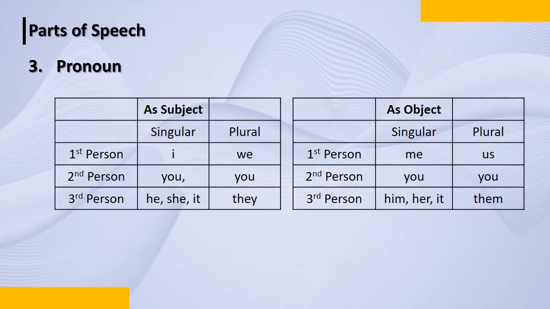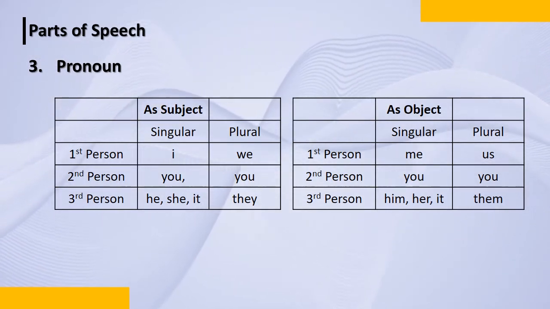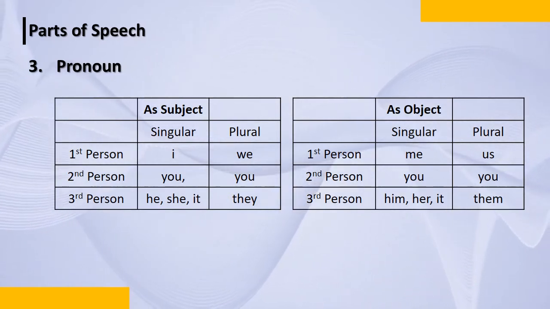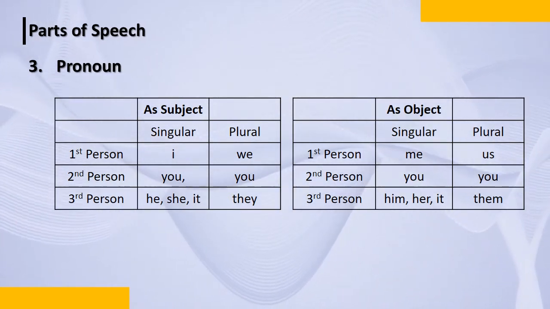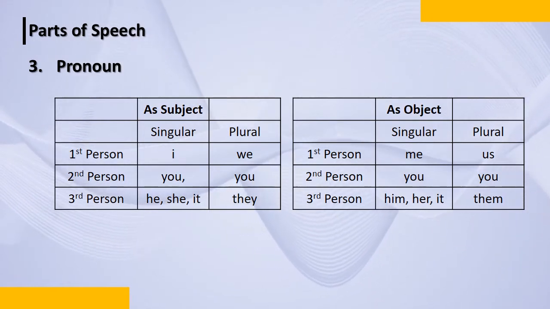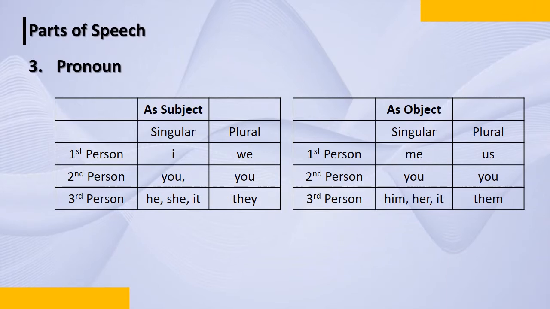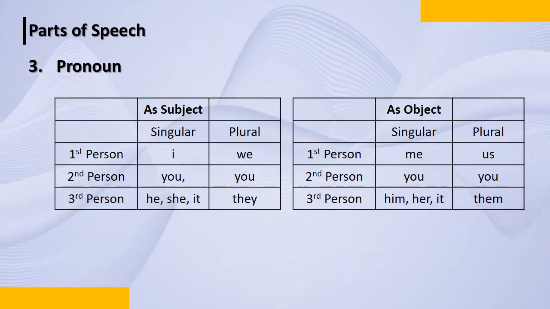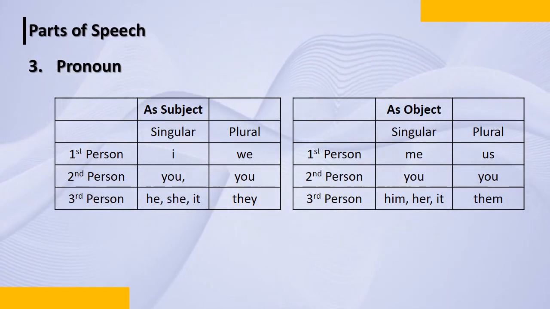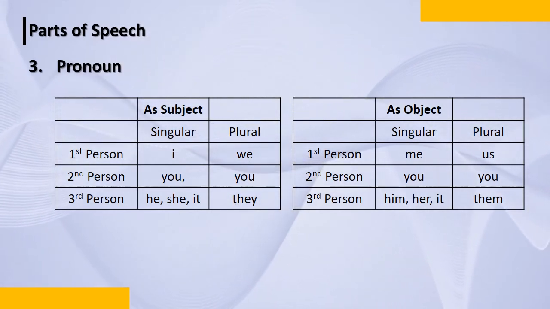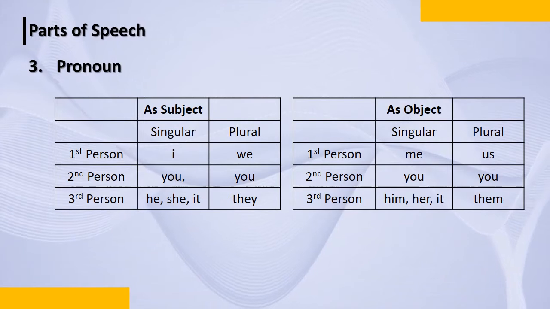If it is plural, we say we: Raju and Cyril are visiting Raju's grandmother's place. If we're talking about somebody else and it is plural, we say they are visiting the grandmother's place.